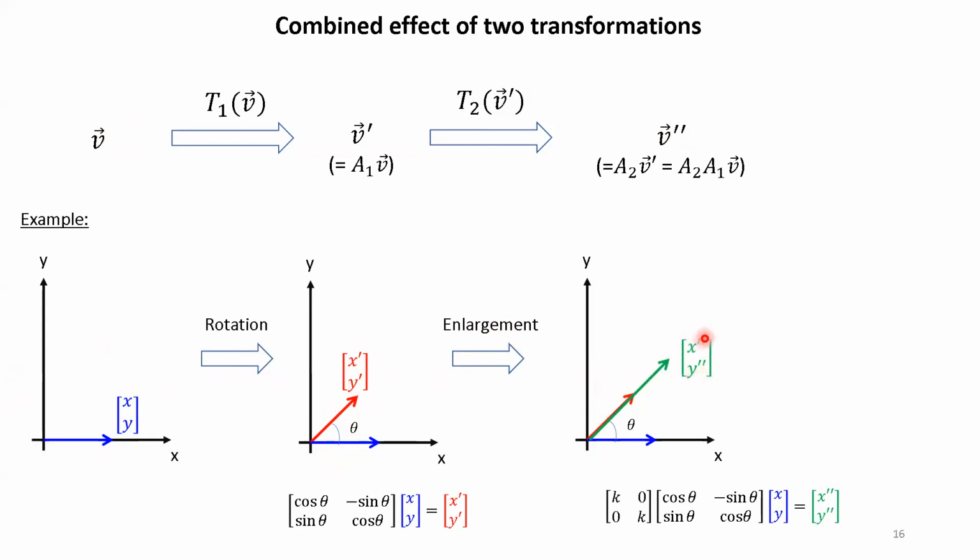So from blue to red to green, that would be the same as multiplying this matrix first to this vector, and then multiplying the second matrix to this whole thing. Or I would say that from red to green is the same as multiplying the product of these two matrices to my original vector.